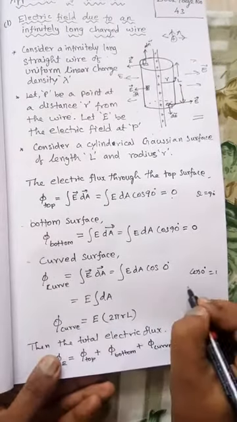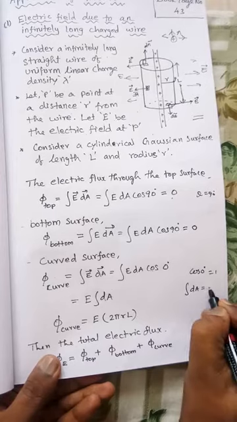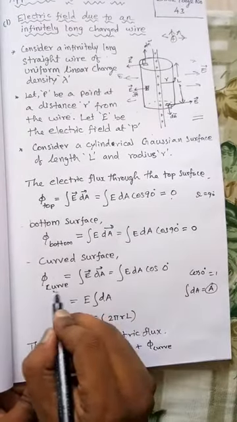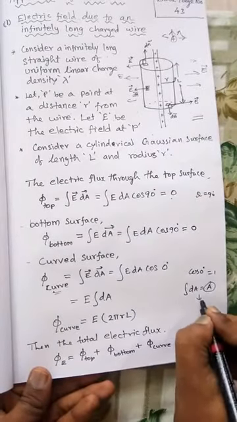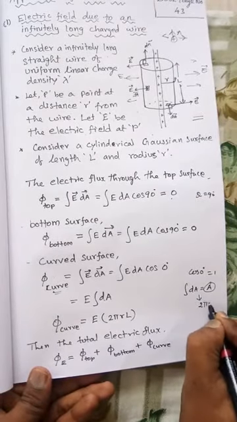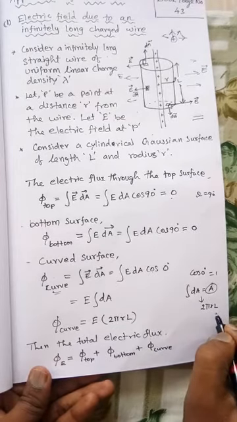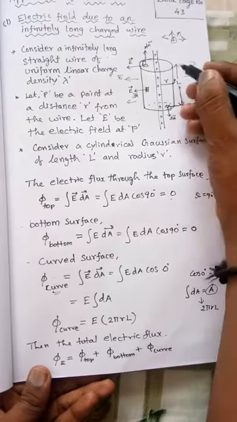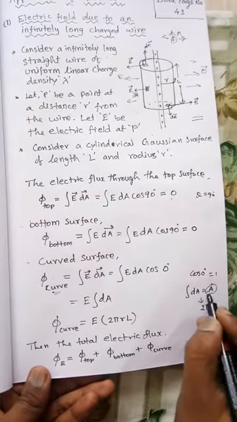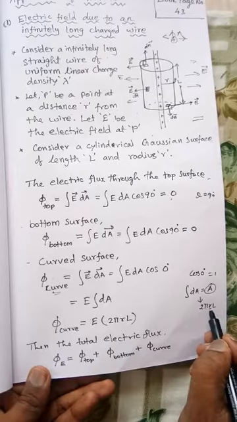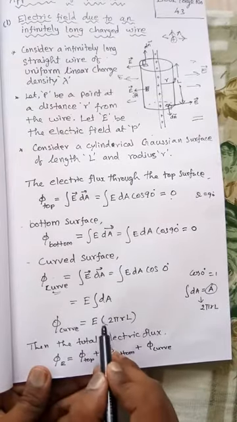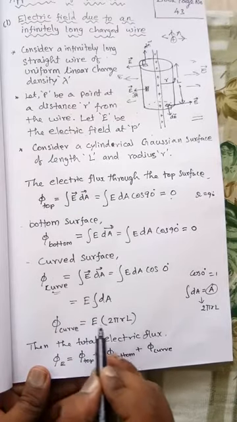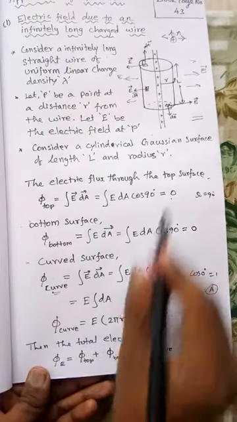Integration of dA is nothing but A, the whole curved area. Mathematically, the curved area is 2 pi r h, which you studied in 10th standard, and here L is the height. So the curved area is 2 pi r L, and the flux through the curved surface is E into 2 pi r L.